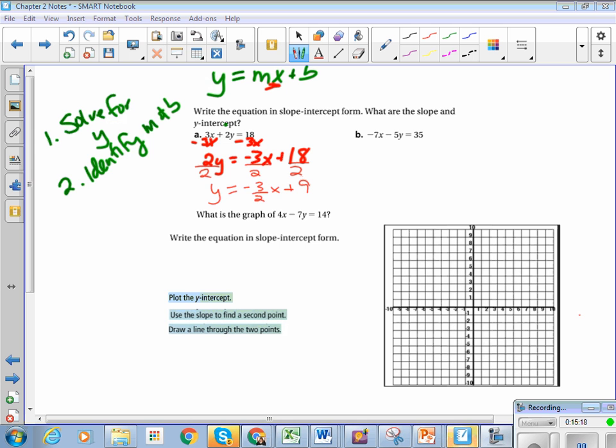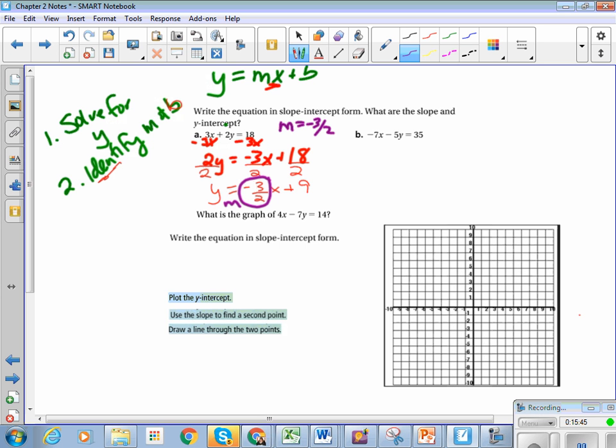So that was step 1. We did that check. Step 2 is identify m and b. So we look here, the value in front of my x, that's the coefficient of x, is m. So we know m is equal to negative 3 halves.